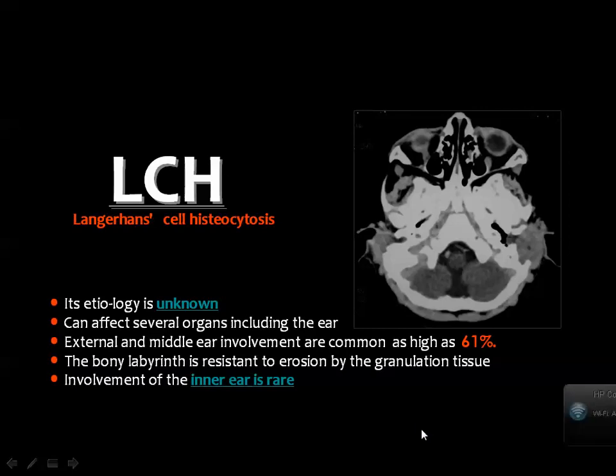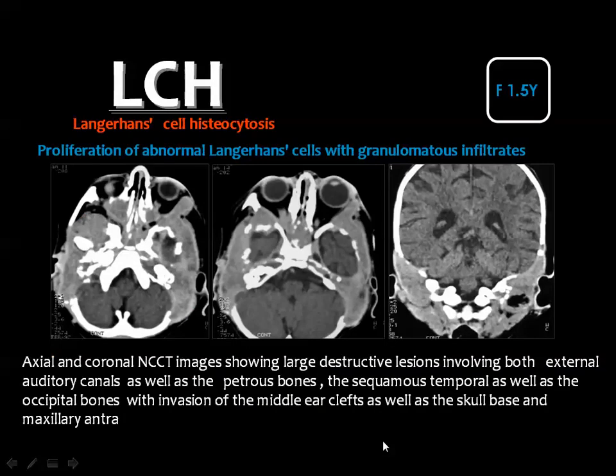Then one of, let us say, the diagnostic appearances of histiocytosis is a child with bilateral, almost symmetrical soft tissue masses centered to the region of the external auditory canal associated with some erosive changes of the related bones.